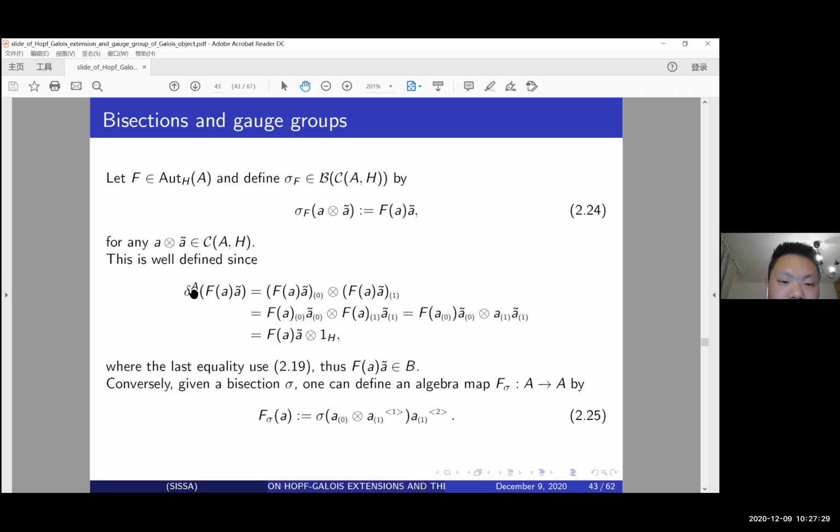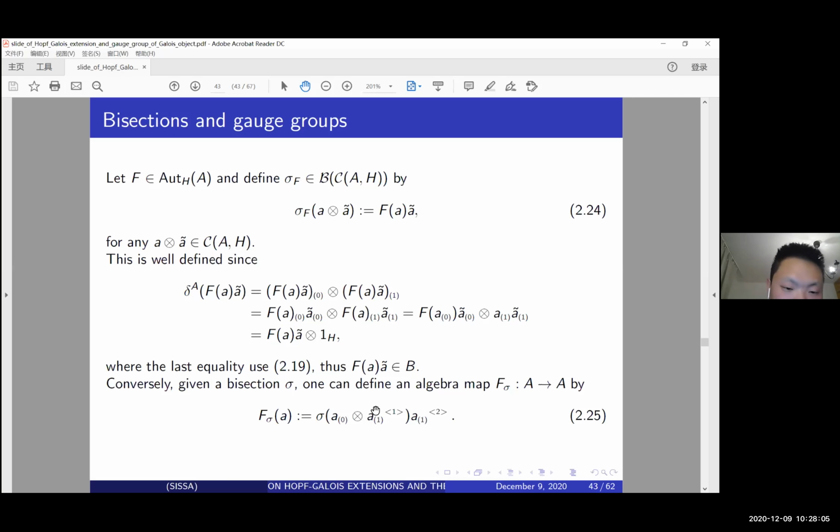The first step is just a definition, in the second step we use the coaction being an algebra map, in the third step we use that F is an H-comodule map, and in the last step we use the definition of the bisection, since the element of the bisection is coinvariant under the diagonal coaction. Finally we get delta of this one is equal to this one tensor epsilon H, which implies F of A tilde belongs to the subalgebra of coinvariants.